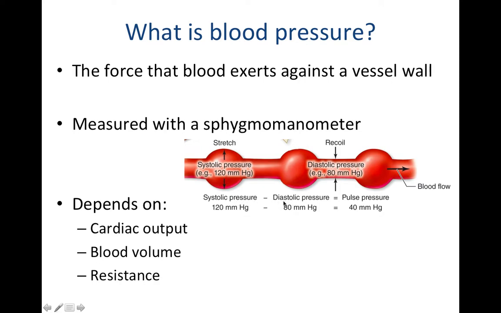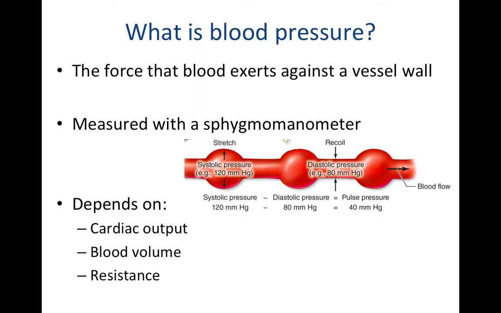And so you look at both of those measurements, but generally the diastolic measure is considered a little bit more important because, of course, you're going to have more stretch in your vessels when your heart is working, when it's in systole, so you would expect your systolic pressure to be pretty high. But if you're still having a really high diastolic pressure when your heart is at rest, then that may indicate more of a problem.